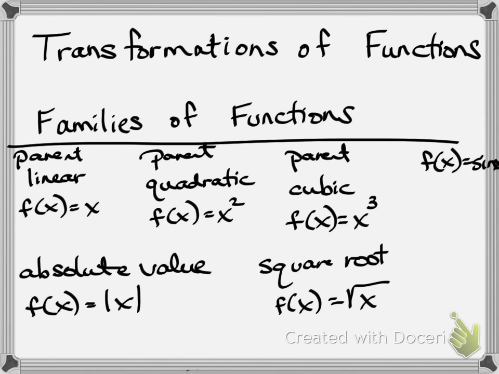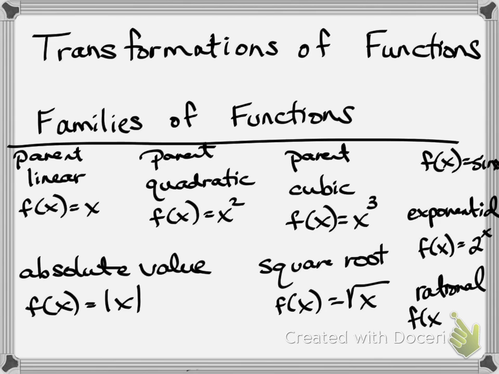We get into exponentials. We could have exponential functions like 2 to the x. Oh, rational functions, where you've got a ratio or a fraction with x in the denominator.